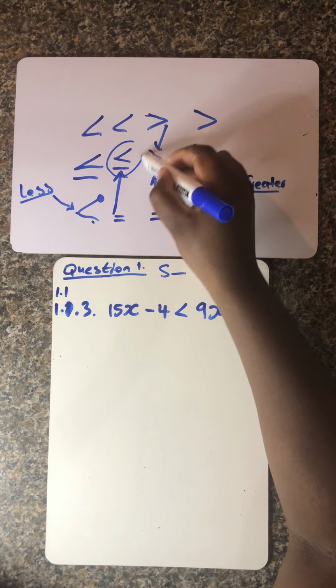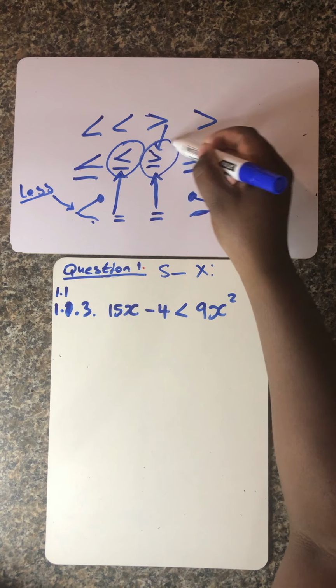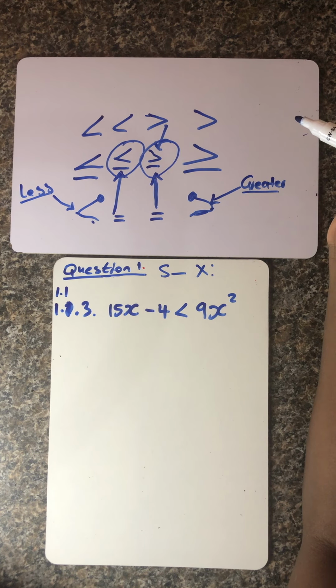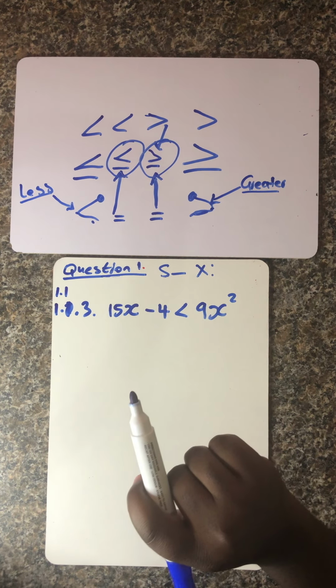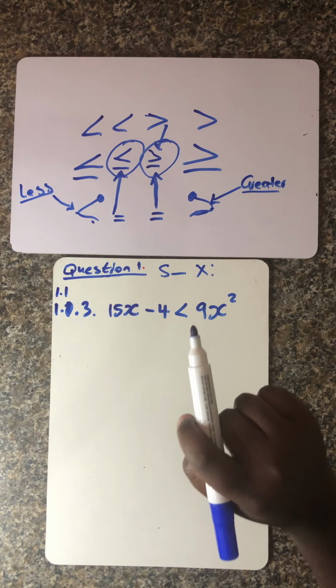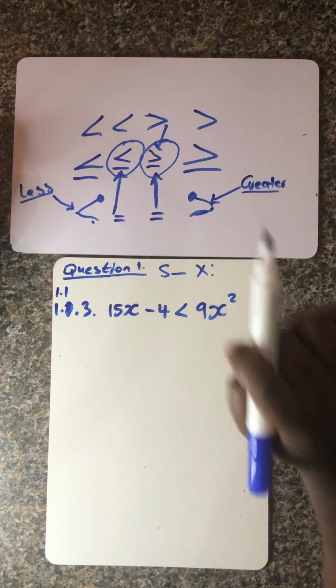Then it becomes less than or equal to, greater than or equal to. Very, very important, ladies and gentlemen. Some of you might find this valuable, especially those who get confused with these signs.